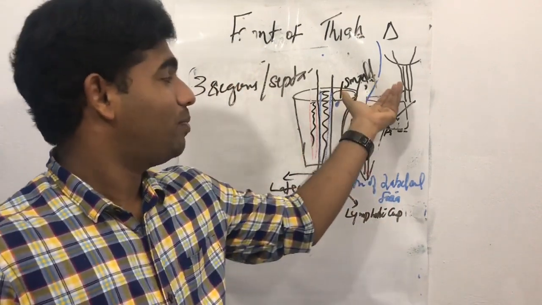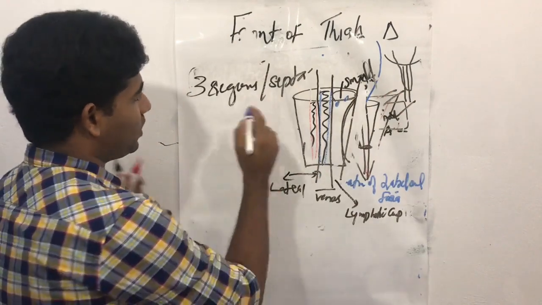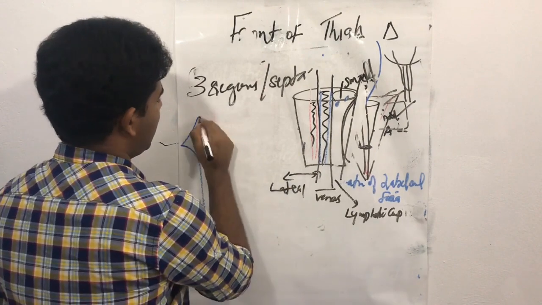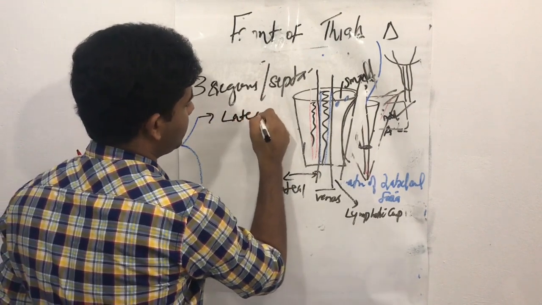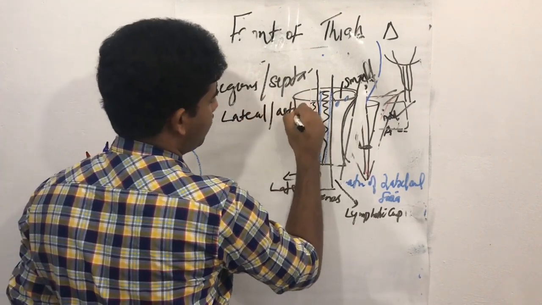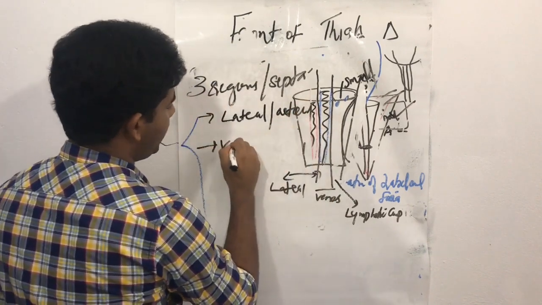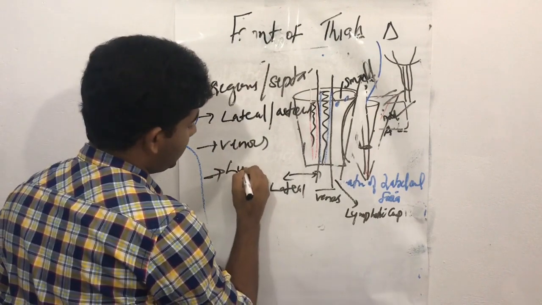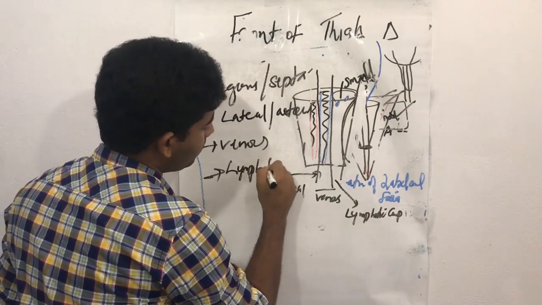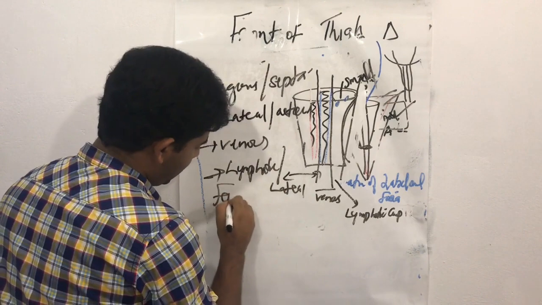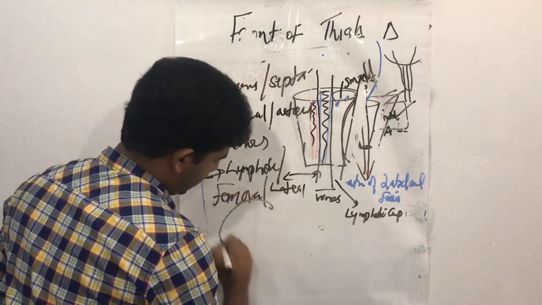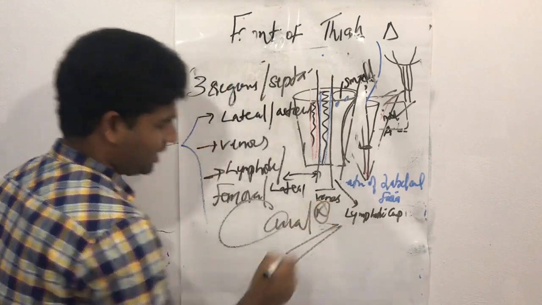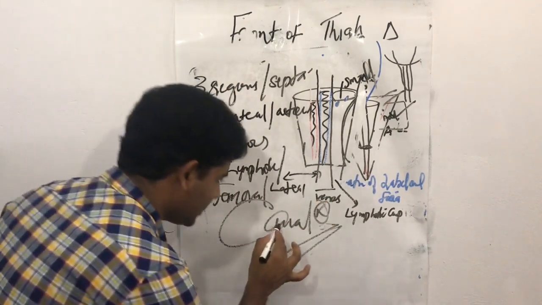It is divided into 3 parts: first the lateral or arterial compartment, then the venous compartment, and then the lymphatic compartment or femoral canal. Don't forget, I am writing it because it is the next important thing.